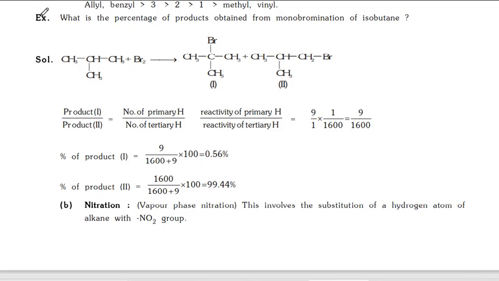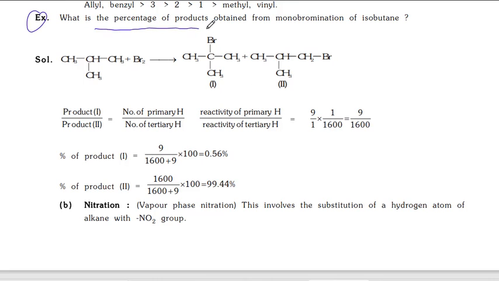See, now the question: what is the percentage of product obtained from monobromination of isobutane? So this is the isobutane, primary, it is the tertiary, primary and primary. So the bromine attacking at tertiary is 1600 times preferred, while primary is only 1 time. So now how many hydrogens are there?